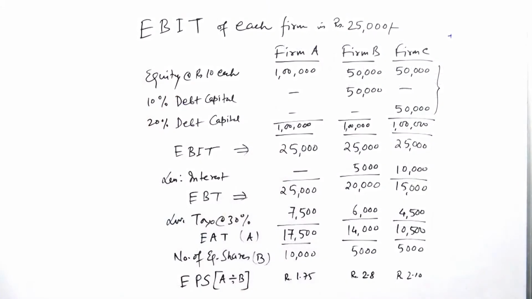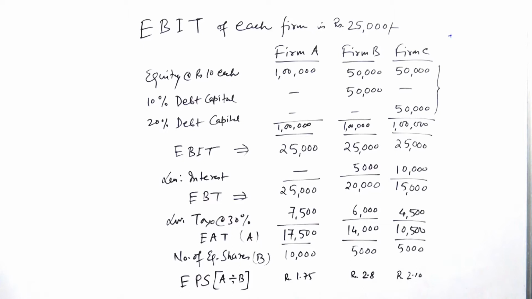Now, if the earning before interest and tax of all three firms is 25,000, 25,000, 25,000, first of all we have to deduct the interest. In case of equity share investment, the interest is nil. In case of Form B, they have acquired 50,000 capital from 10% debt capital, so at the rate of 10%, the interest on this debt is rupees 5,000.